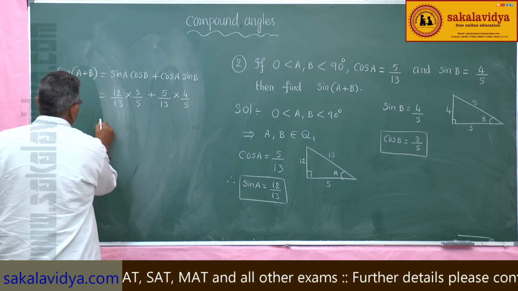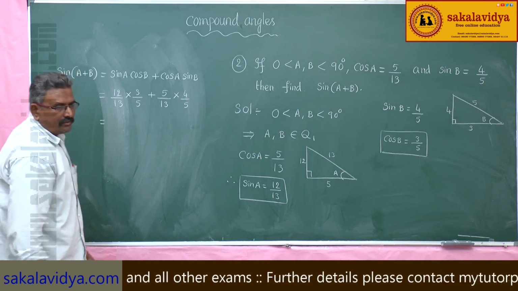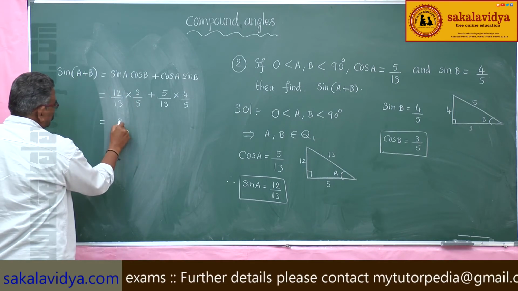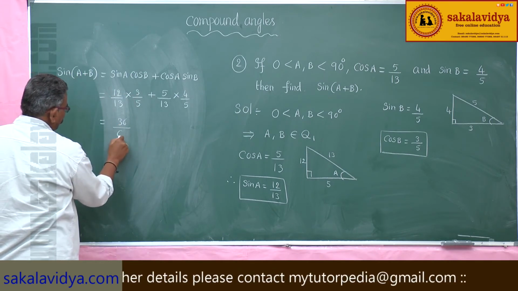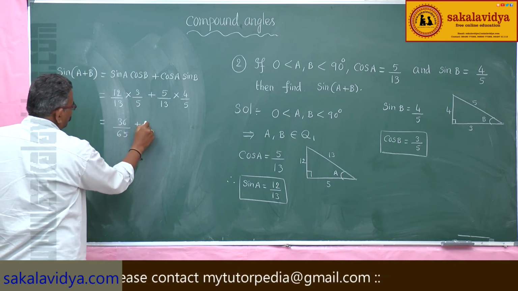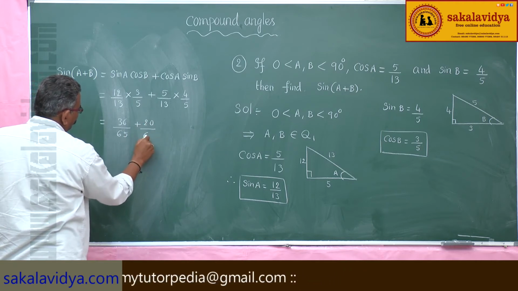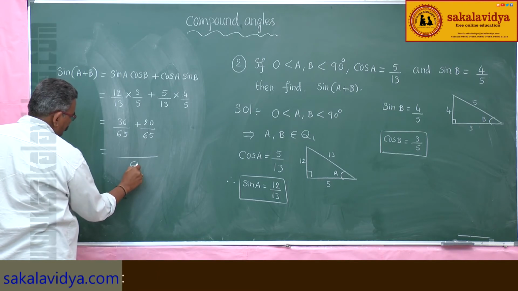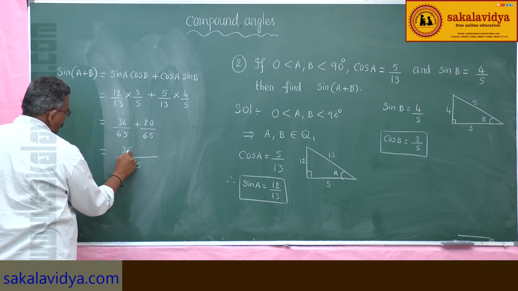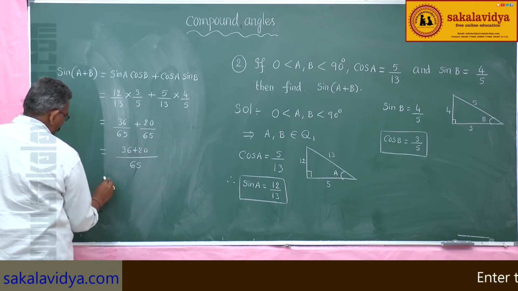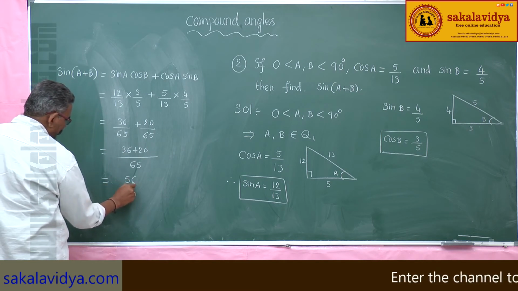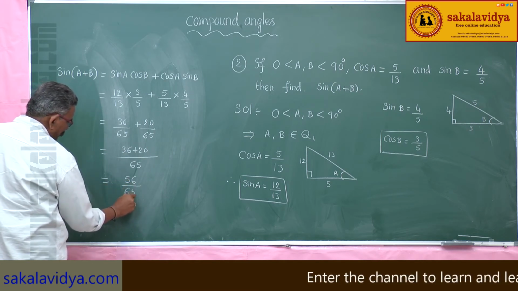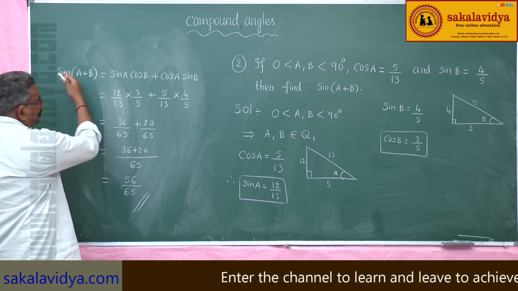So, this is equal to 12 into 3, 36 by 65, plus 20 by 65. Now, 65 is the LCM, 36 plus 20, so 56 by 65, which is the required value for sin of A plus B.